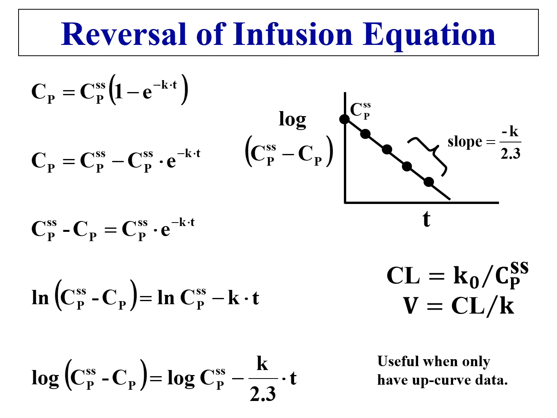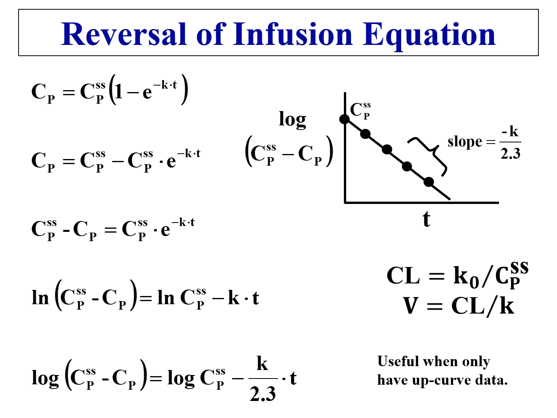One interesting thing about this infusion equation is that we can reverse it. If we take the top equation, factor out CPSS, and move CPSS to the left-hand side by subtraction, we're left with CPSS minus CP equal to CPSS times the exponential. We can take the natural or base 10 logs of each side, and what we expect to happen is what I show on the graph.